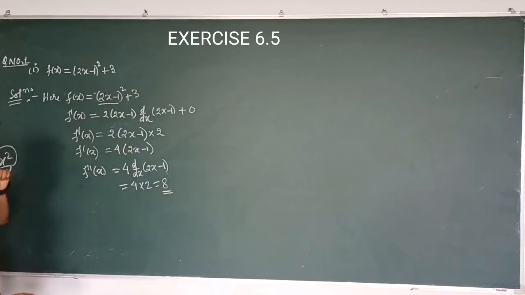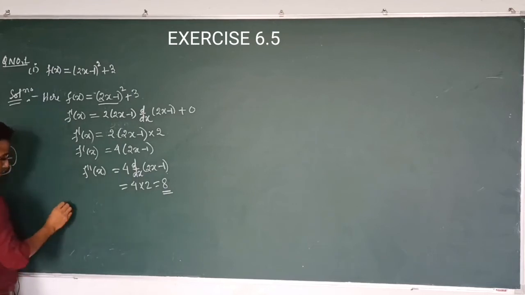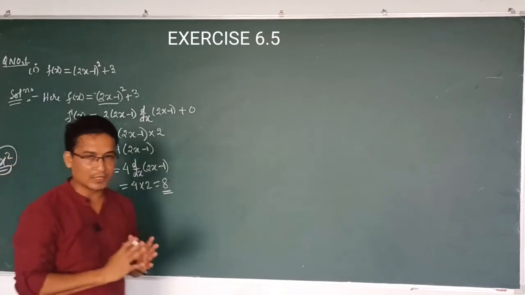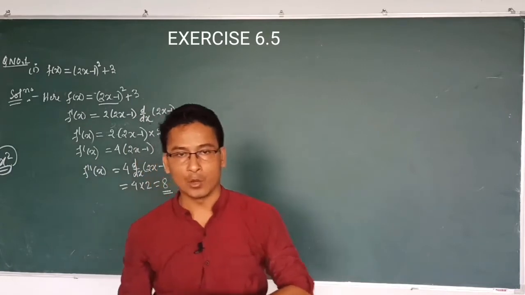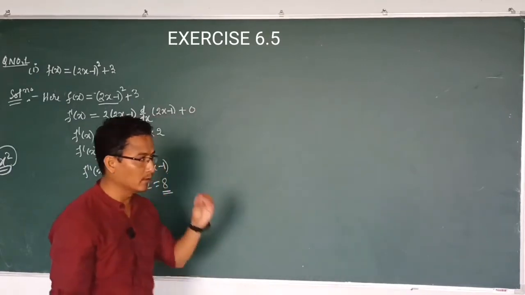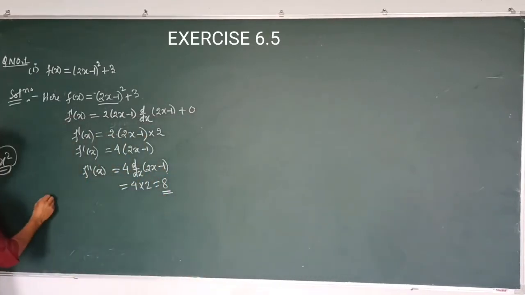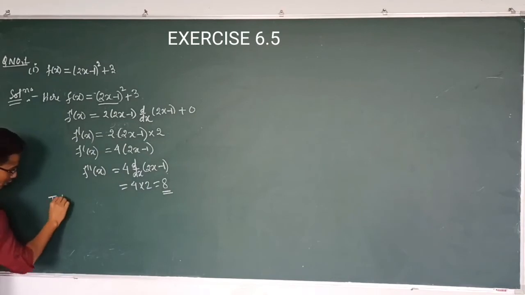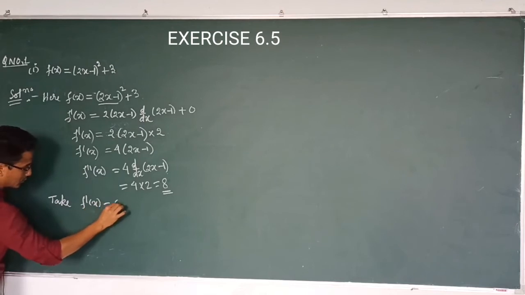Now I am going to find the critical point. For finding whether the function has a maxima or minima, we have to find the critical point. For the critical point we take f dash x equal to 0.